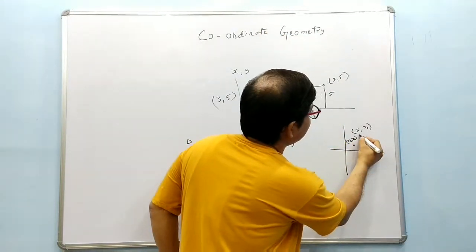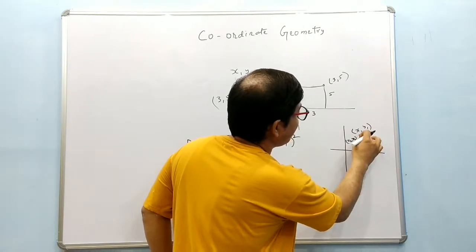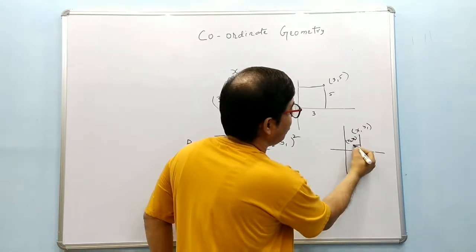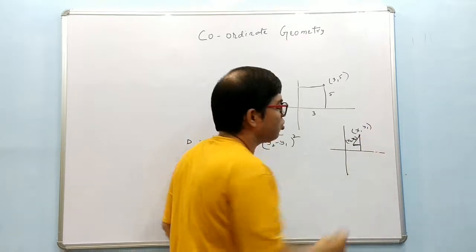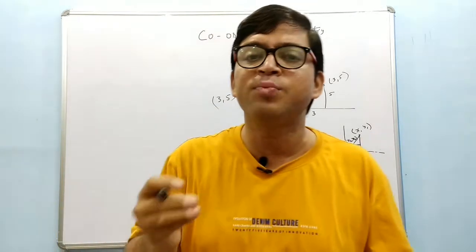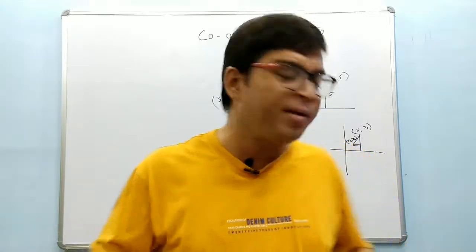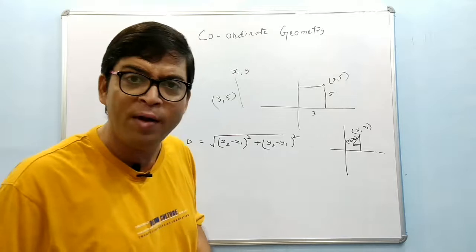You will see that this side is y1 minus y2, and in the same way x1 minus x2. So apply the Pythagoras theorem, and you will get the distance between 2 points easily. The important thing is that you remember the distance between 2 points is given by this formula.